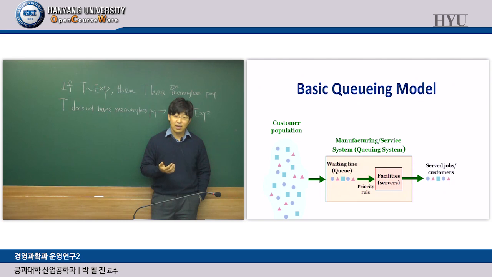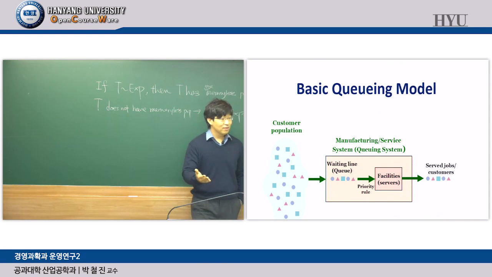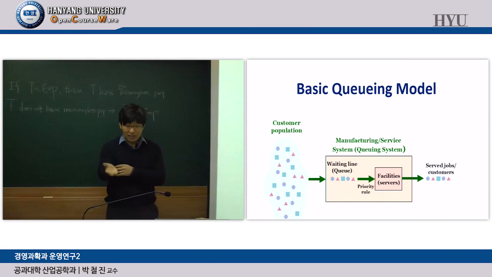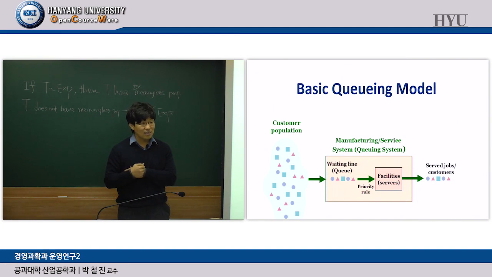Then let's assume that you are a manager, manager of the hospital. Then you need to determine how many doctors we need to handle the patients. What do you think? From a patient's point of view, if we can prepare as many doctors as possible, then patients feel good. No waiting line, as you can get your service instantly, immediately.